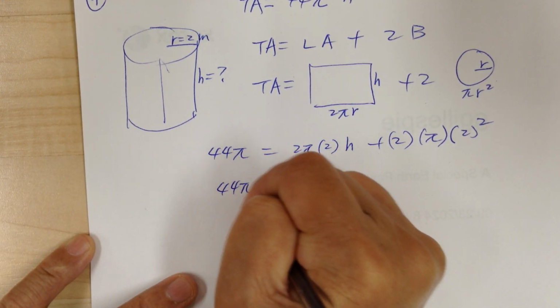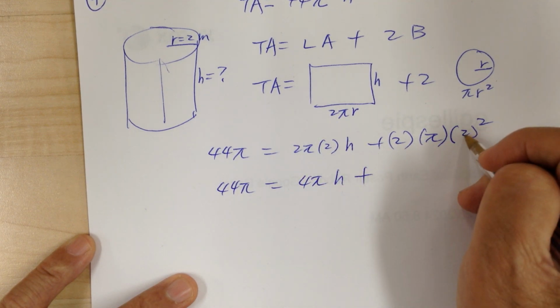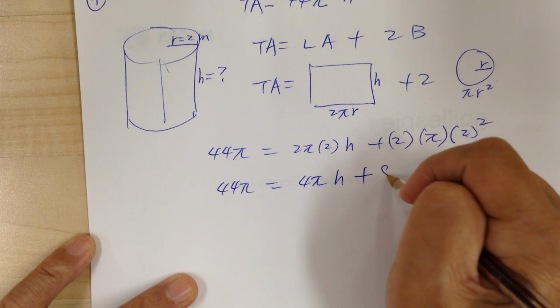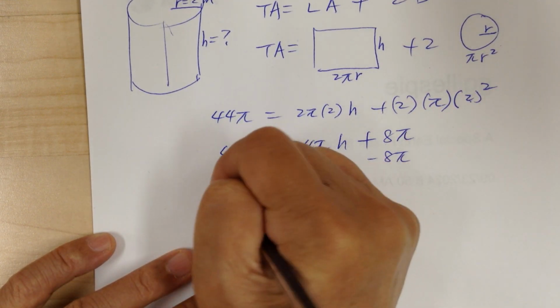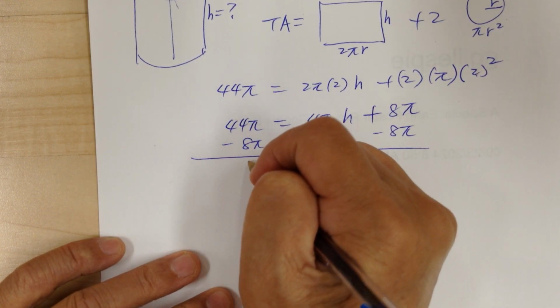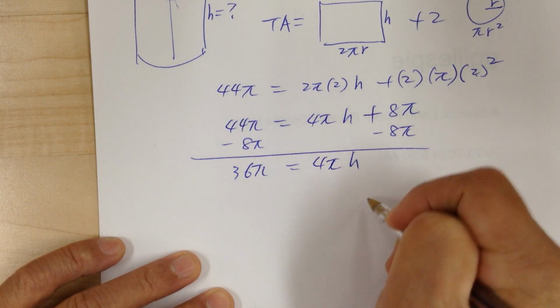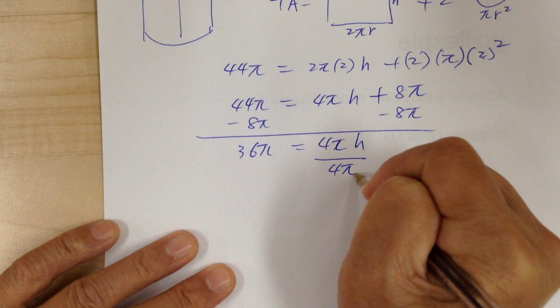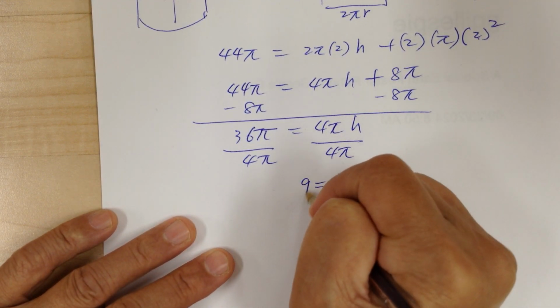So 44 pi equals 4 pi h plus 2 times 2 squared, which is 4 times 2 is 8 pi, so I'm going to subtract 8 pi on both sides. So I get 36 pi equals 4 pi h, divide both sides by 4 pi, so h equals 9.